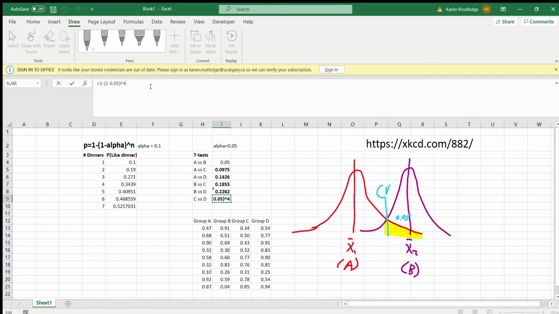There's 5, and there's 6. So we can see, we did group A to B, A to C, A to D, B to C. So we're just doing all the permutations here. Sorry, combinations, because order doesn't matter. So once we do all of those combinations, we can see by doing multiple comparisons, there's a 26% chance, based on that alpha level of 0.05, that at least one of those tests is going to give us the wrong answer.